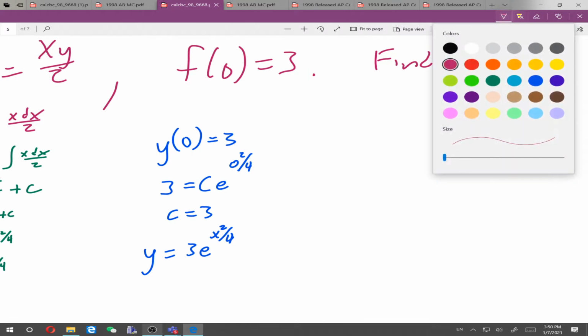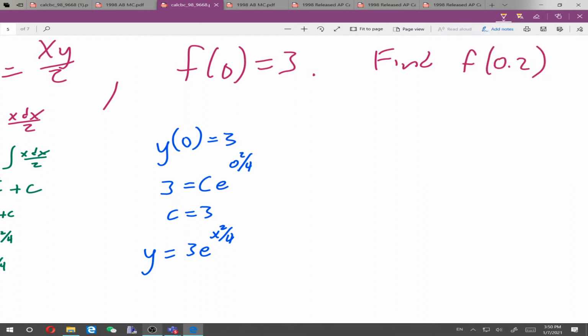So therefore, f at 0.2 should be equal to, I'm going to stick to Eric, because that was a fast one. y equals 3e to the 0.2 squared over 4. Okay, so that's 1 over 5 squared divided by 4. What's 1 over 5 squared? 1 over 25.